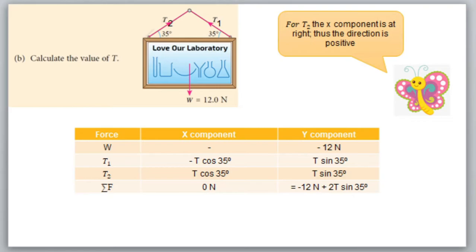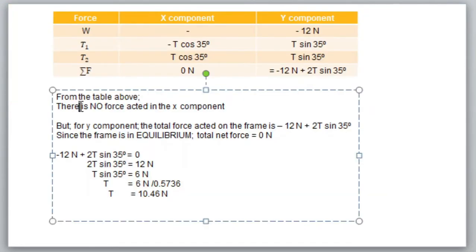When we refer to the table above, we must remember that in this question, the object is in equilibrium, thus there is no force acted on the object or net force equal to 0. So, from the table, there is no force acted in the x component since the value is 0 Newton.